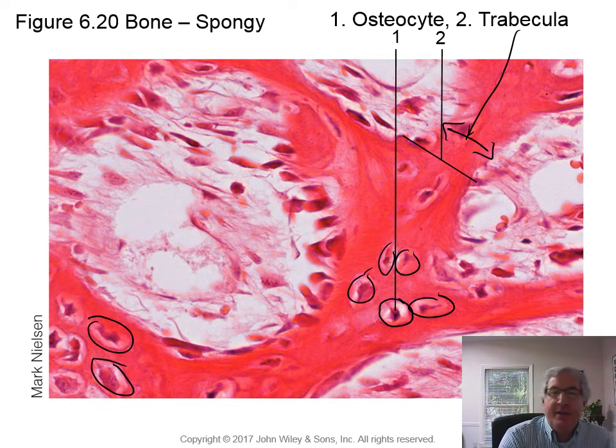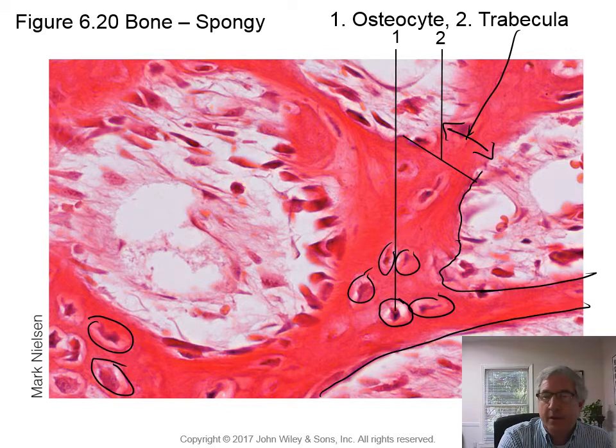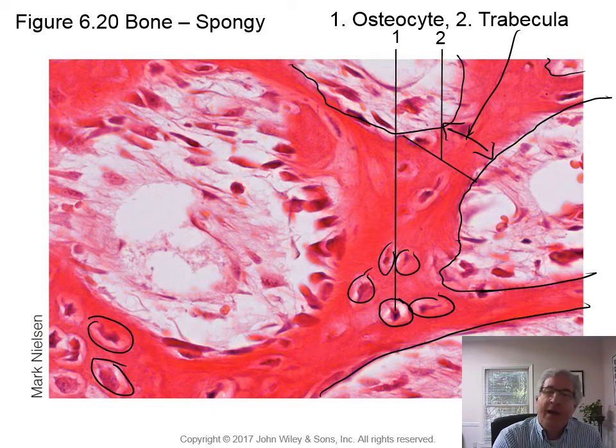So then you have these spaces. So here's the trabeculae. I'm going to draw the outline of the trabeculae here as they branch. There. There. Okay. Like that. And so you have this space between the trabeculae. So what is this?